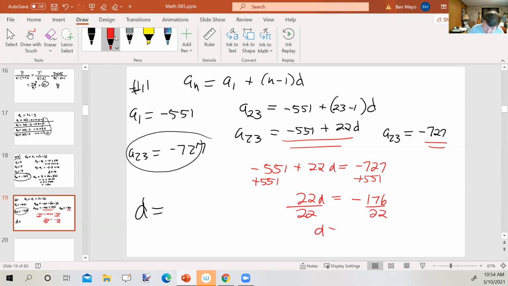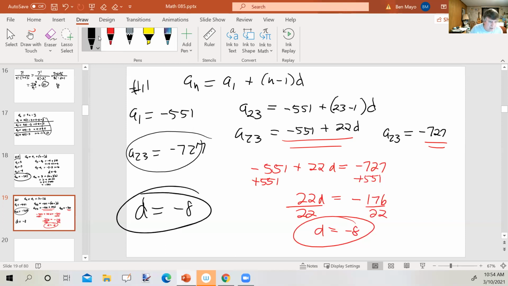Divide both sides by 22, and we get negative 8. So the common difference is negative 8. Any questions about that? Okay, let's go on to number 12.